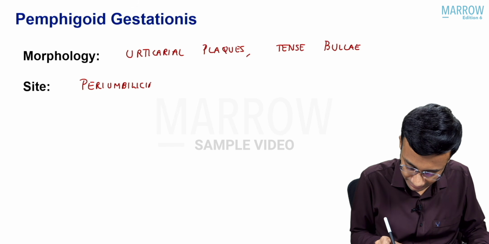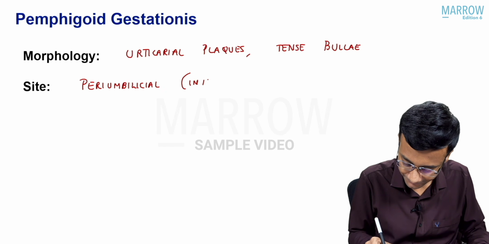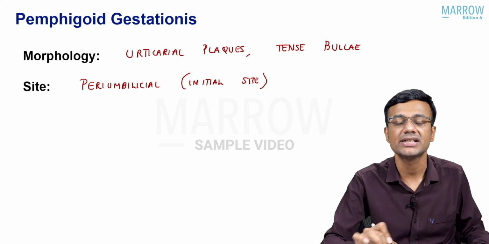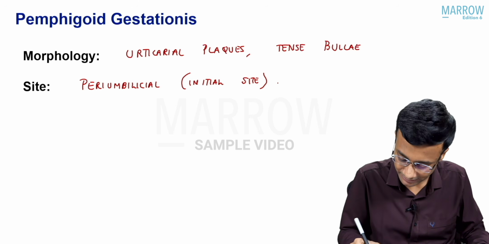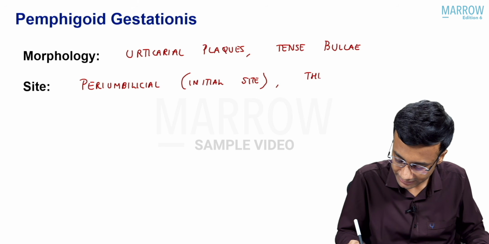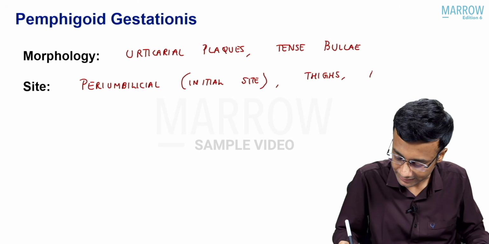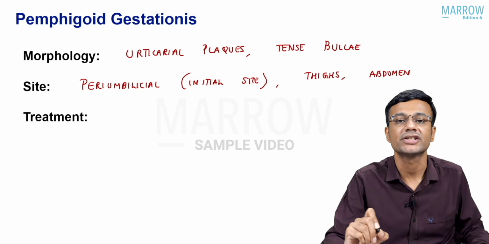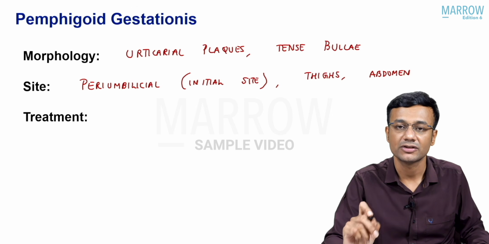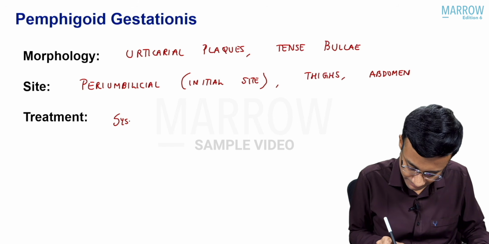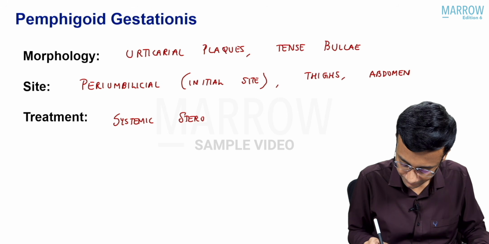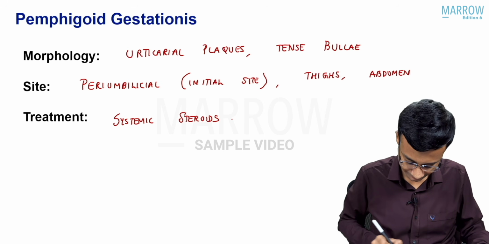Periumbilical is the initial site, and then it extends to involve the thighs and the abdomen. What is the treatment for this condition? The treatment is systemic steroids.